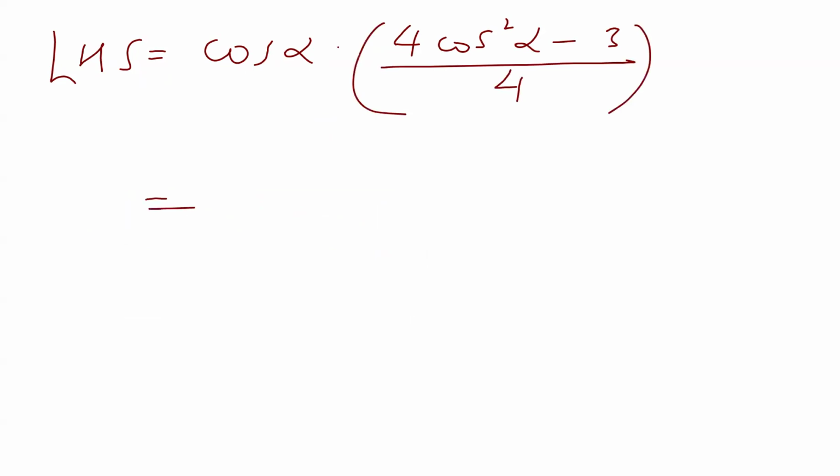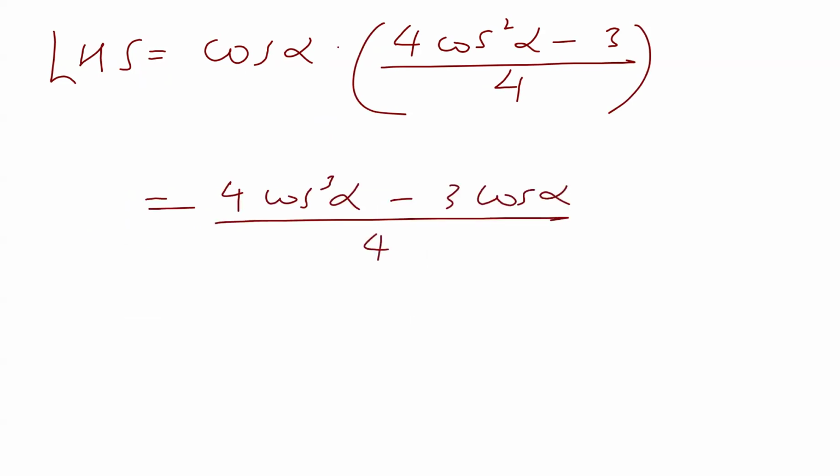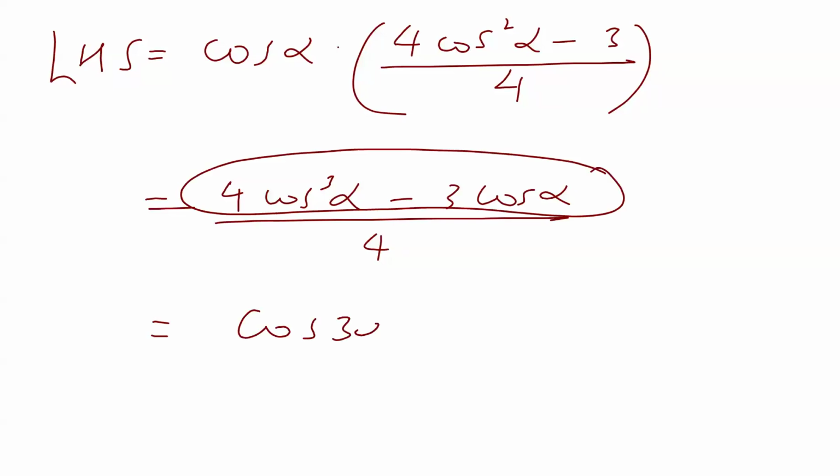Multiply cos alpha within the bracket. So it will be 4 cos cube alpha minus 3 cos alpha upon 4. And this particular term is cos 3 alpha, the triple angle formula, which is equal to your RHS. Fine.